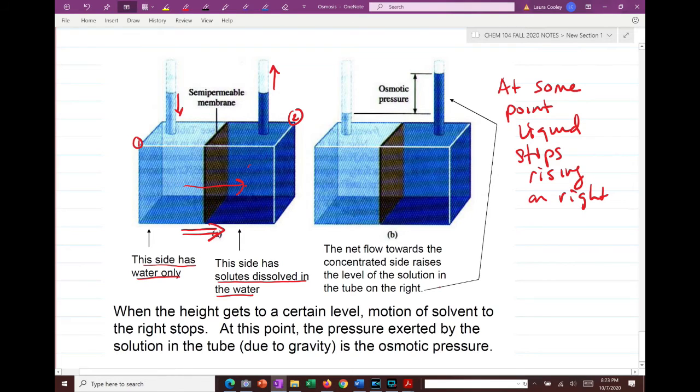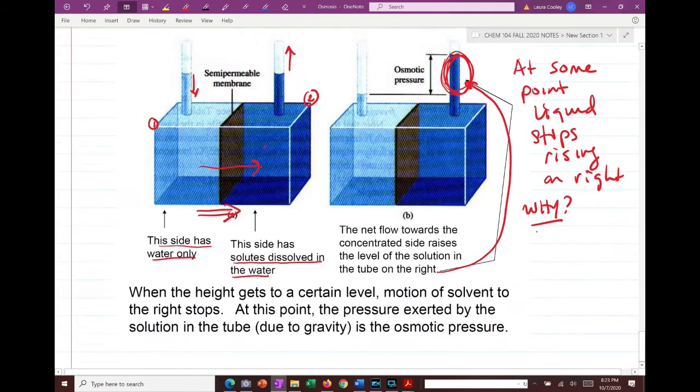I'm talking about this level here. Now, why is that? Well, this extra column of water here is exerting a pressure. It's exerting gravity. Basically, the pressure exerted from right to left is related to the difference in the heights.